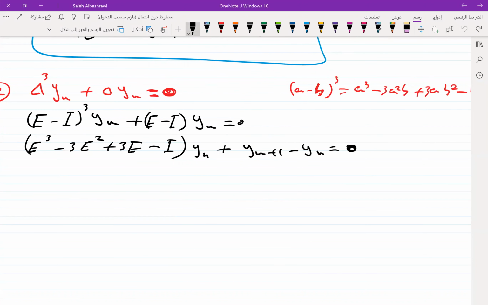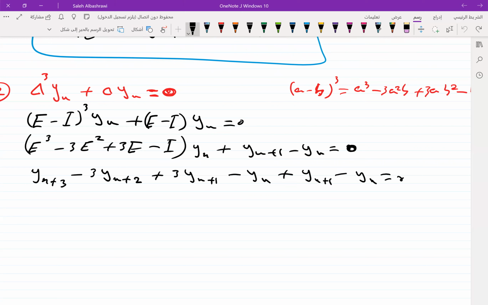So E to power 3 times y sub n will give me y sub n plus 3 minus 3 y sub n plus 2 plus 3 y sub n plus 1 minus y sub n, and this will be plus y sub n plus 1 minus y sub n equal to 0.